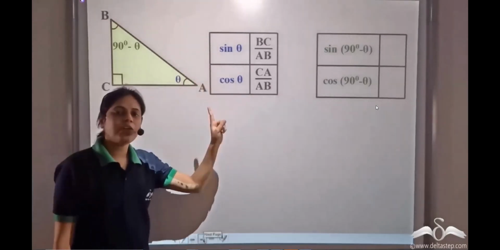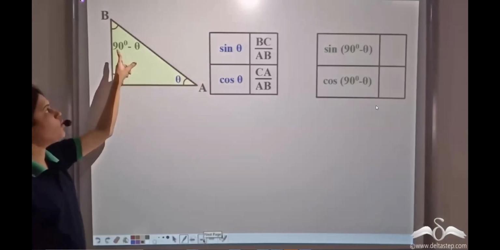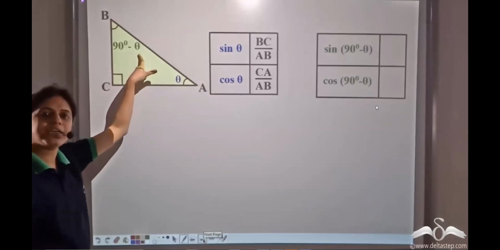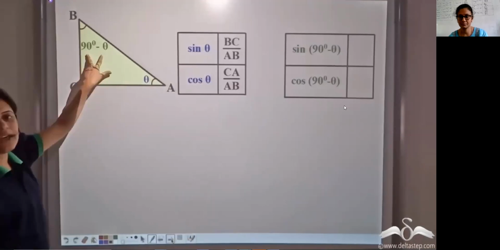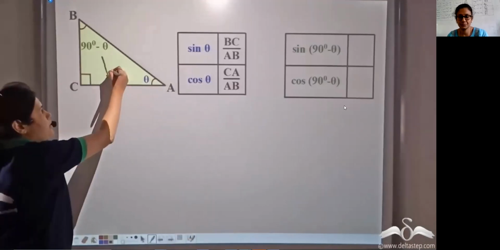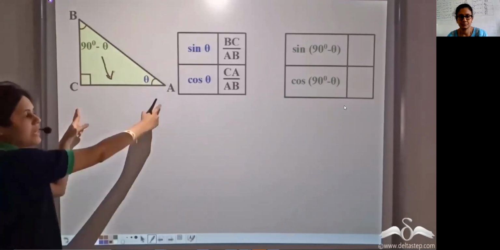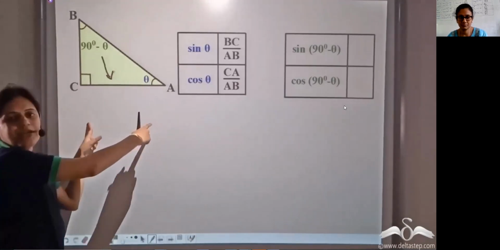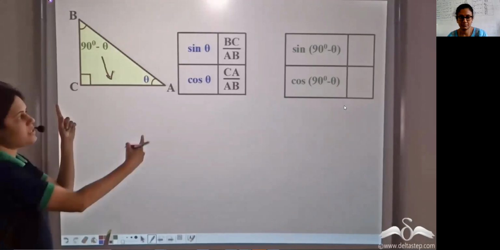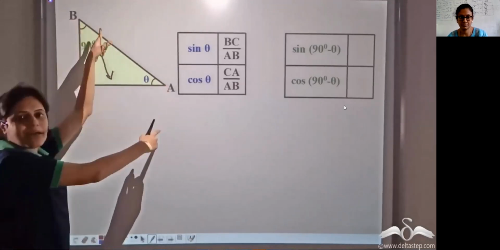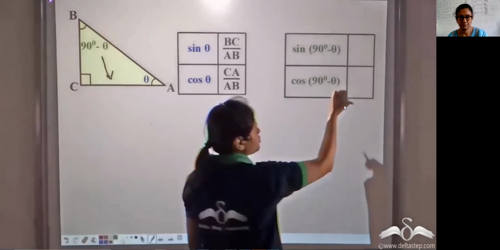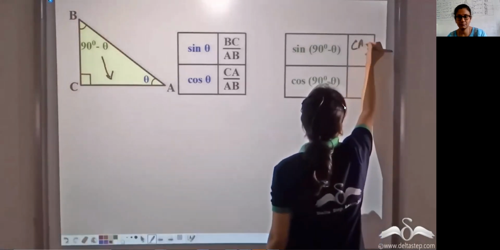Now let us find the value of sine and cos for this angle, 90 degree minus theta. For 90 degree minus theta, this is the opposite side, CA. So sine of 90 degree minus theta is opposite by hypotenuse, that is CA by AB.